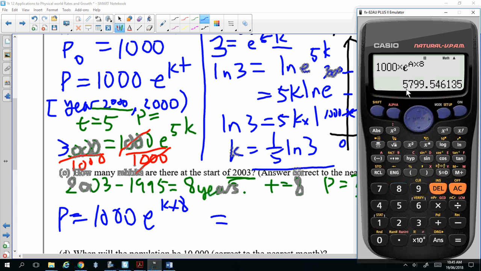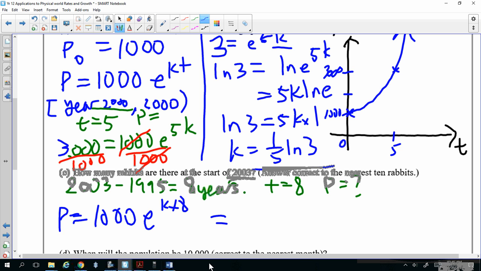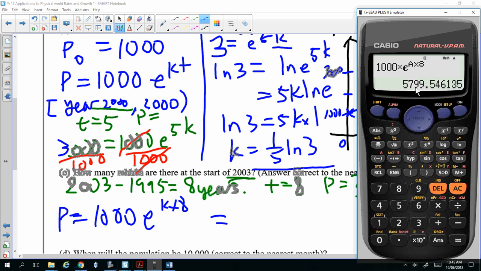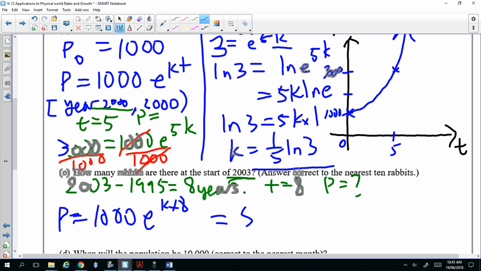So you just store into A, which gives you this answer, which is 5,700-something, and we round to the nearest 10 rabbits. So it is 5,800 rabbits to the nearest 10. All right, any question?